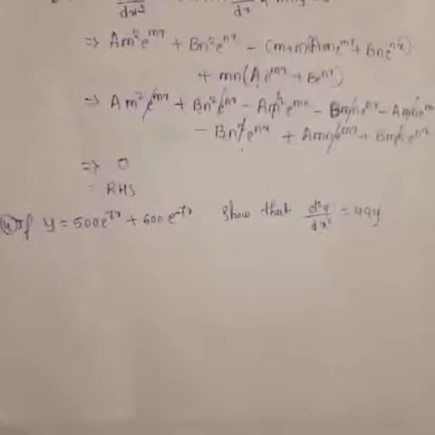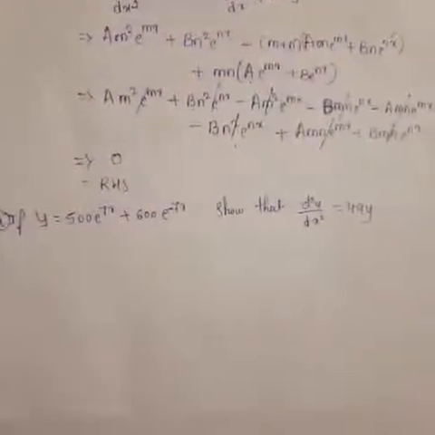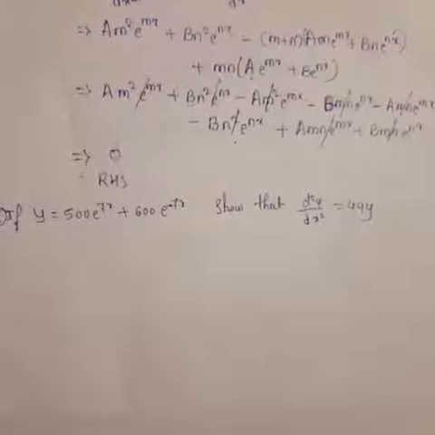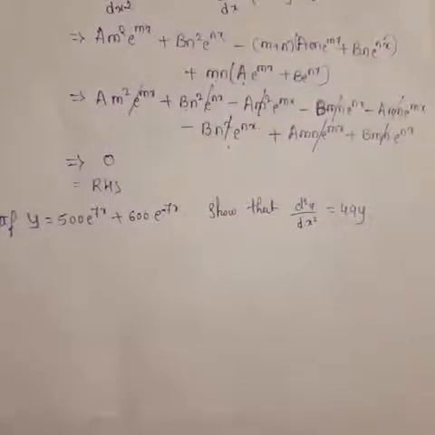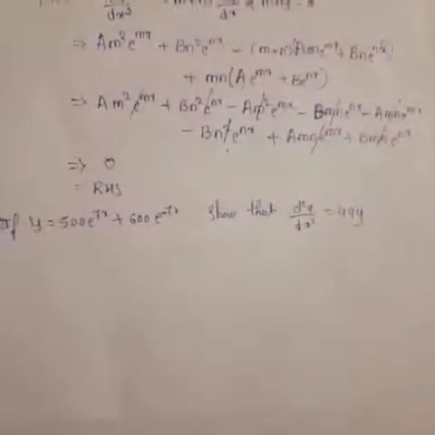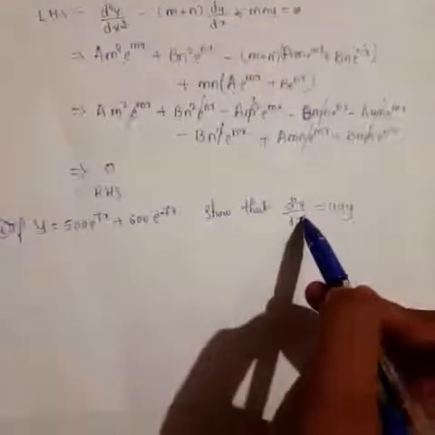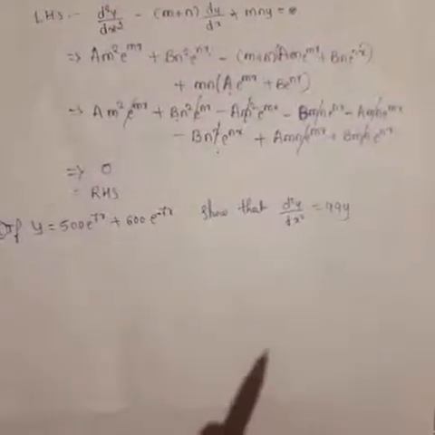See here, we have to show that d square y by dx square, so we have to differentiate this y equation two times. You will get d square y by dx square, and this d square y by dx square is equal to 49y means, first rearrange this equation. This 49y moves to the RHS part, and it becomes minus 49y. d square y by dx square minus 49y is equal to 0.